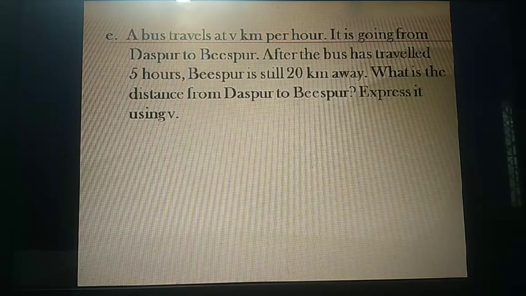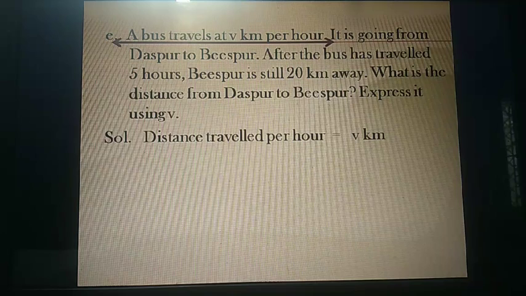A bus travels at v km per hour. It is going from Daspur to Bispur. After the bus has travelled 5 hours, Bispur is still 20 km away. What is the distance from Daspur to Bispur? Express it using V. So, here it's given in 1 hour, the distance covered by the bus will be V. So, in 2 hours, it will be 2V.